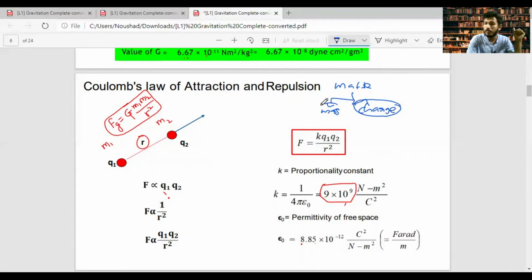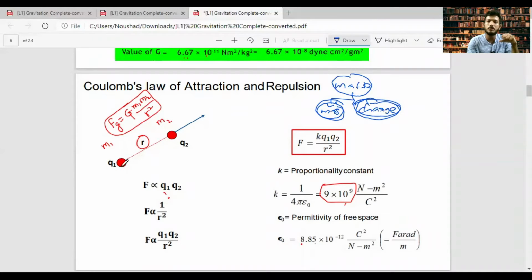We study Coulomb's law in terms of charge in electrostatics, and in terms of mass, that is what we study in this chapter. So matter has two properties, mass and charge. We are considering in this chapter the property of matter that is mass.